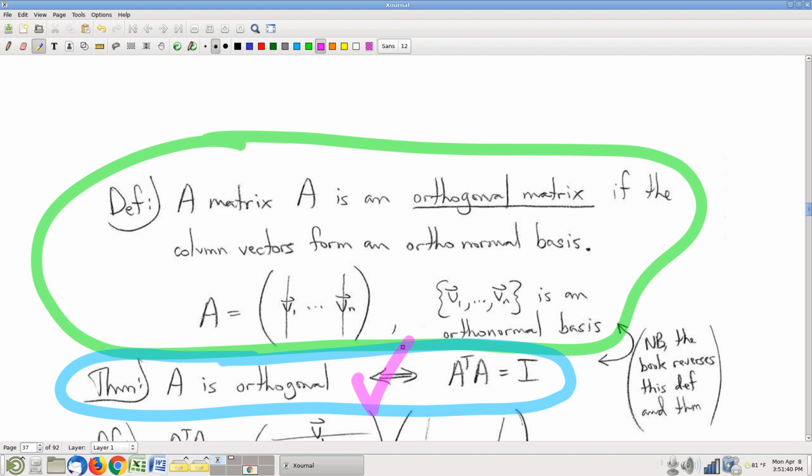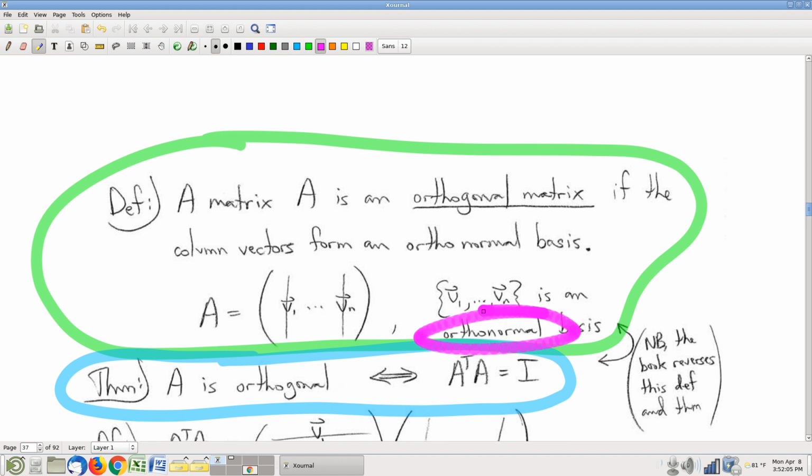What would be my motivation for choosing the word orthogonal to describe a matrix whose transpose is its inverse? I don't know. I can think of all sorts of words that would seem to be more naturally associated to this little algebra right here. On the other hand, I think this one makes a lot of sense.